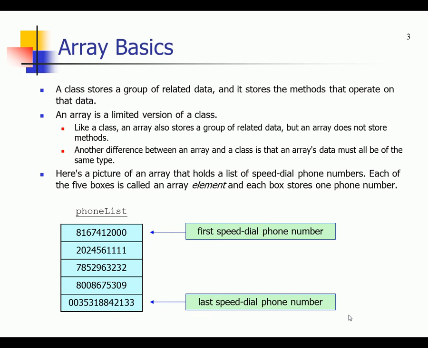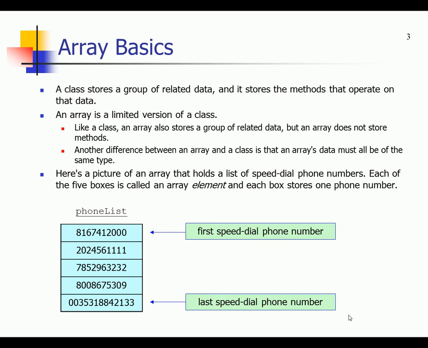An array is a limited version of a class. Like a class, it stores a group of related data, but it doesn't store methods. An array just stores the data. Another difference between an array and a class is that the array's data must all be of the same type.